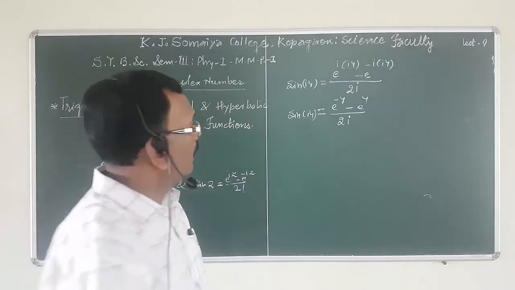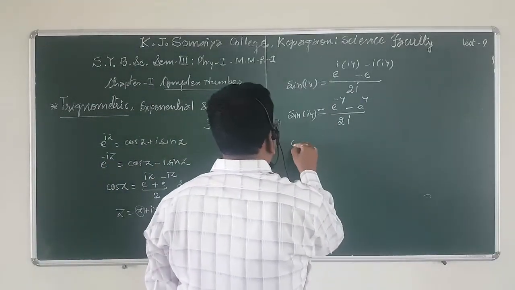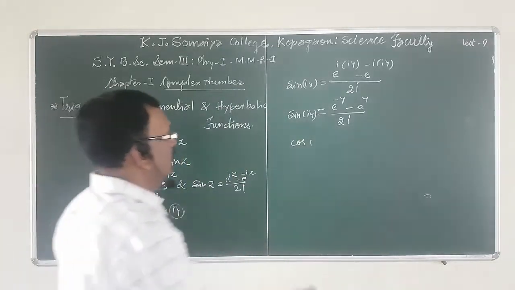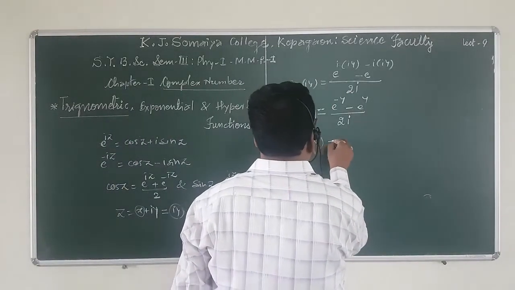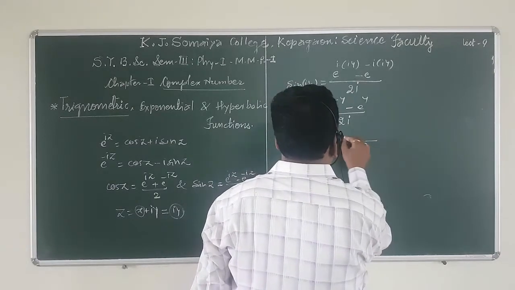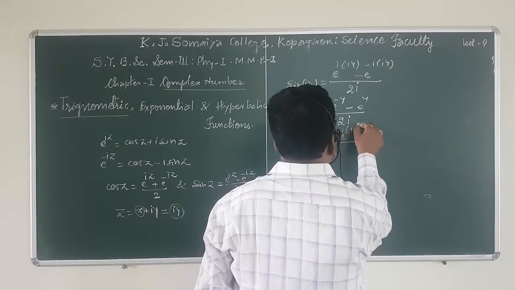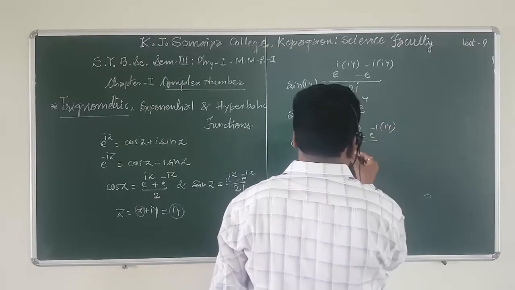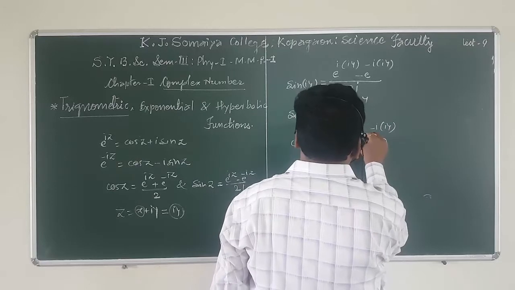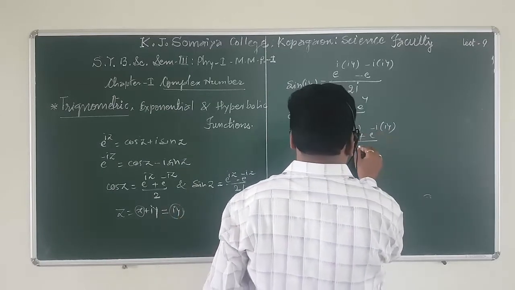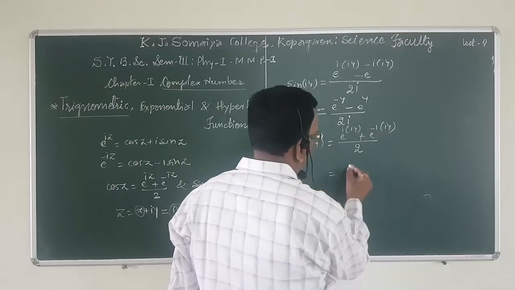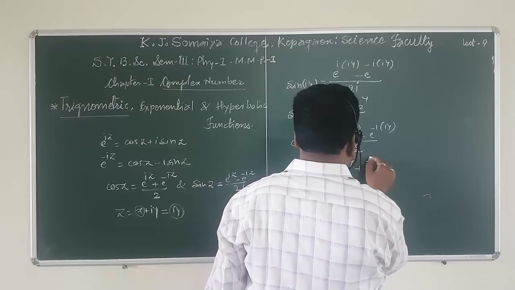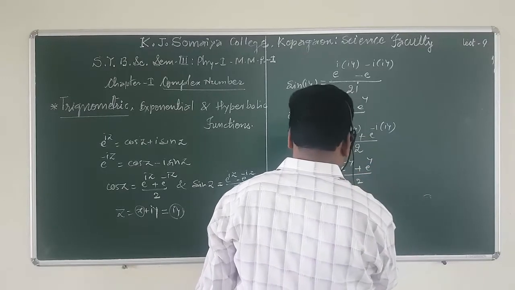In a similar way, cos iy, replace z by iy, cos iy is equal to e raised to i into iy plus e raised to minus i iy upon 2, or simply e raised to minus y plus e raised to y upon 2.